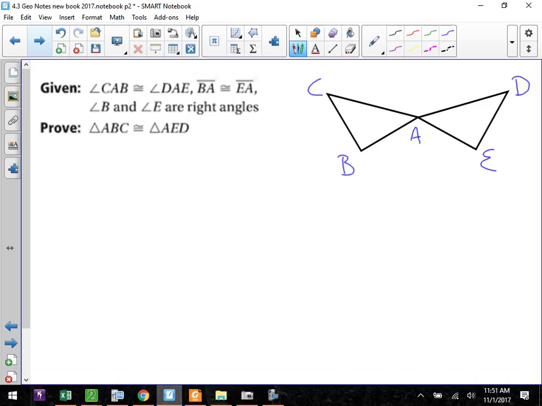So, as you go through these things, what I want you guys to remember is that it is so unbelievably important that you draw your pictures, draw your diagrams. Because when you have the diagrams in front of you, as you probably noticed as we go through these things, we always mark them up.